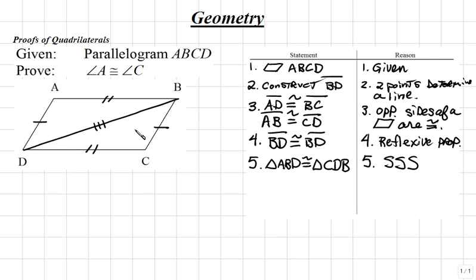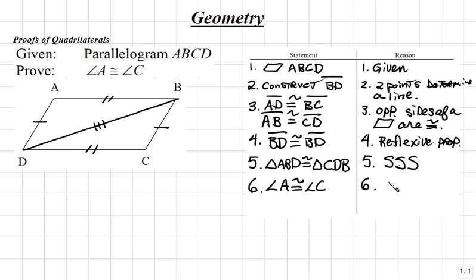From this, now that we have two triangles that are congruent, then any corresponding part of one triangle is congruent to any corresponding part of another triangle. In particular, angle A must be congruent to angle C. So, angle A is congruent to angle C because corresponding parts of congruent triangles are congruent.